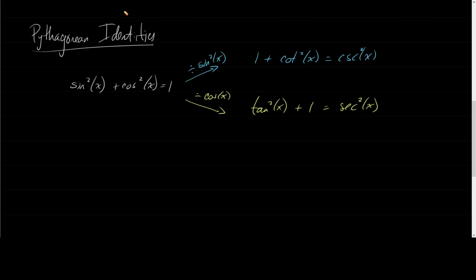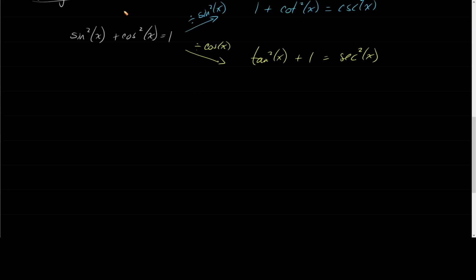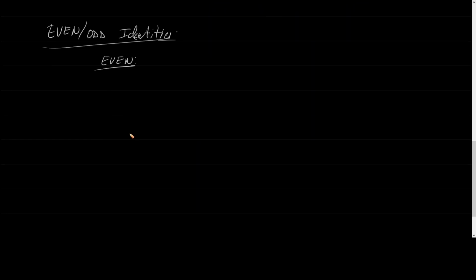Another set of identities that have been mentioned, but maybe not explicitly so, are the even and odd identities. That means that there are some of these trigonometric functions that are even. The even ones are cosine, so cosine of negative theta is equal to just cosine of theta, and secant of negative theta is equal to just secant theta.